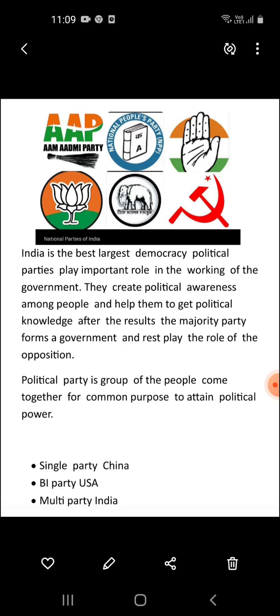The word election is derived from the Latin word elegere, which means to choose or to pick. There are two methods of election: one is direct and another one is indirect.